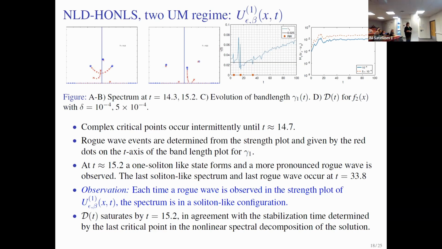And so at t about 15.2, you have another one soliton-like state. And over here, this is a plot that's monitoring the evolution of the band length.